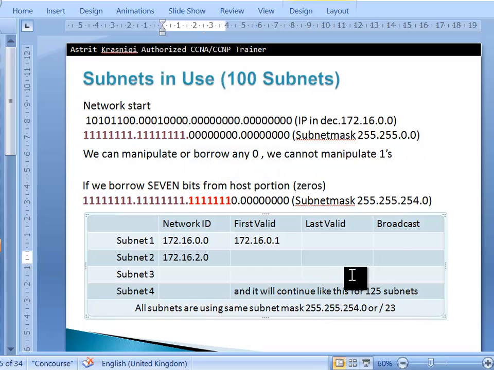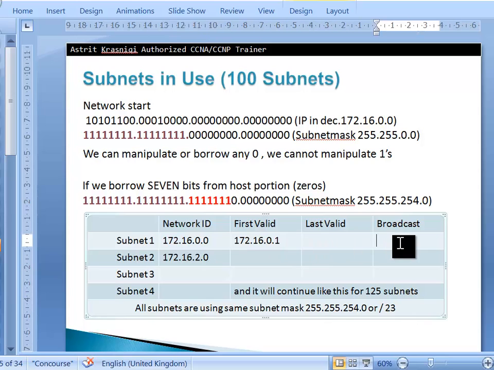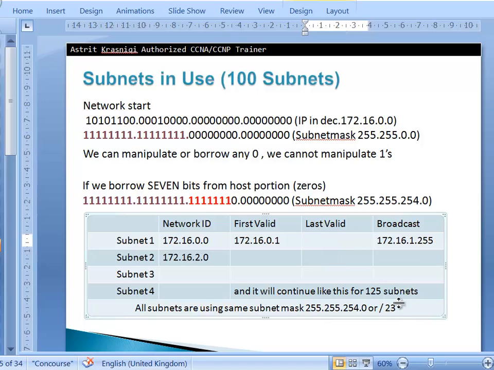If we look at the broadcast of subnet 1, it is the subnet 2 ID minus 1. So 172.16.2.0 minus 1 is 172.16.1.255. The last valid address is the broadcast minus 1. So 172.16.1.254.